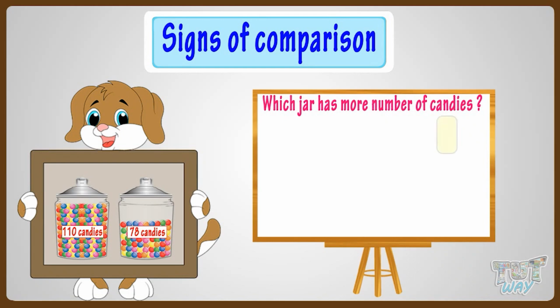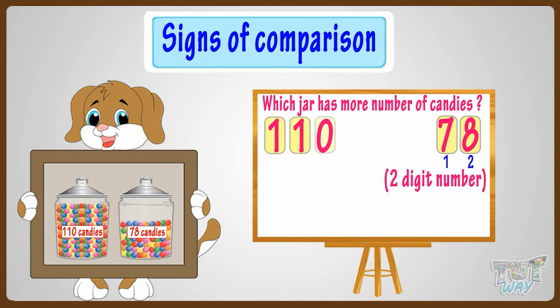Here, 78 is a 2-digit number, whereas 110 is a 3-digit number. And the number with more number of digits is always bigger than the number with fewer number of digits.